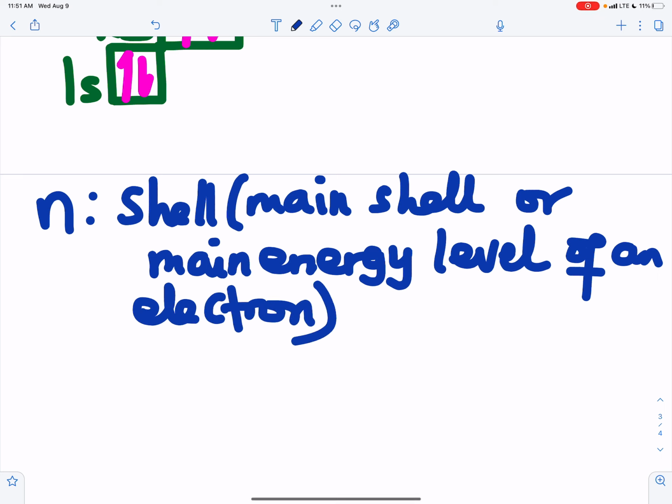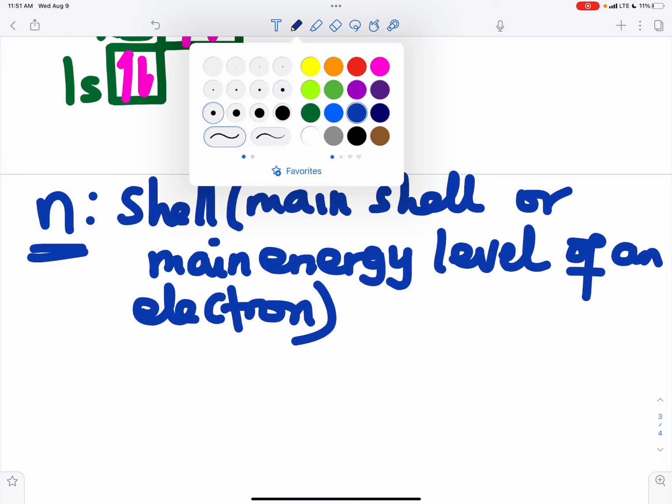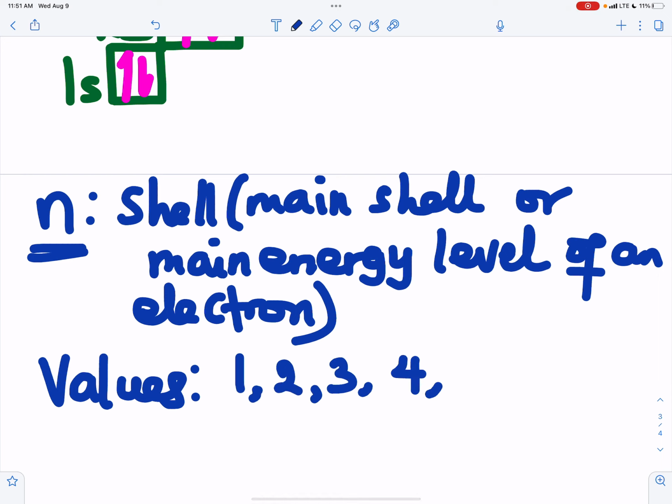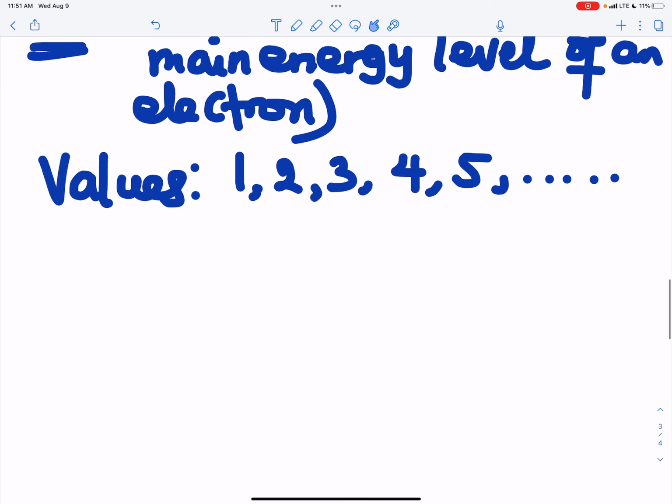So when you see an electron's principal quantum number, it tells you what shell the electron belongs to. The values of n are 1, 2, 3, 4, 5, and so on, depending on the shell it belongs to.